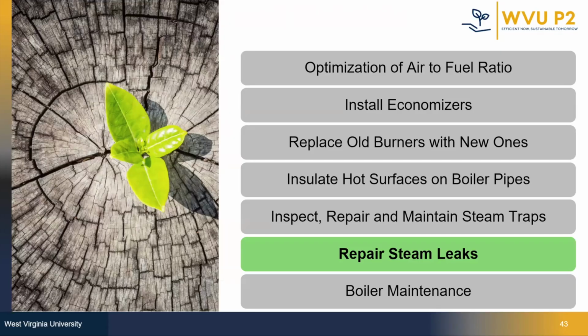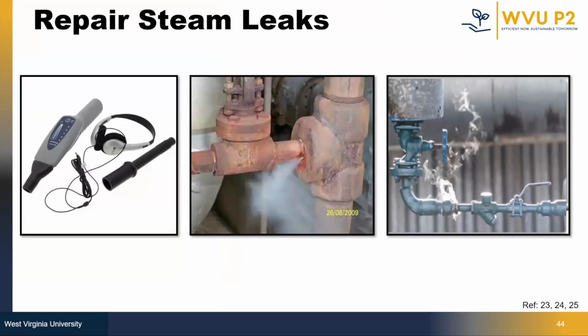Next, we will talk about identifying and repairing steam leaks. So what you see here are examples of typical steam leaks, often found around joints, valves, flanges, and corroded sections of pipes. These might look minor, but they can waste a significant amount of energy and water over time.